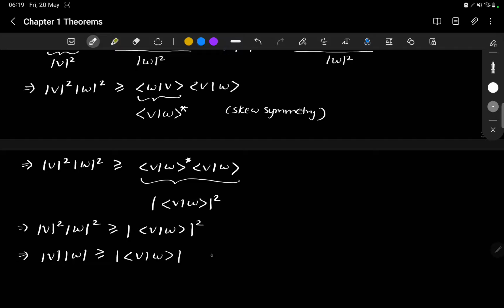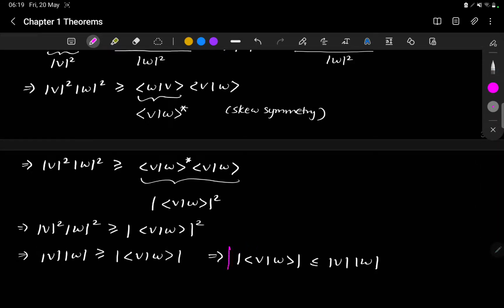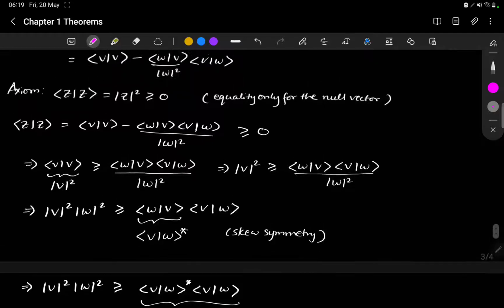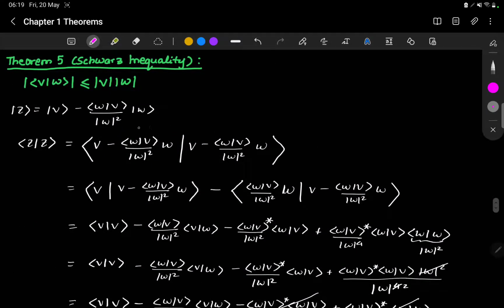We could rearrange it in the conventional format by writing the following. So this proves our Schwarz inequality. So note that it was important to start with such a construction for a new vector z from the given vectors v and w.